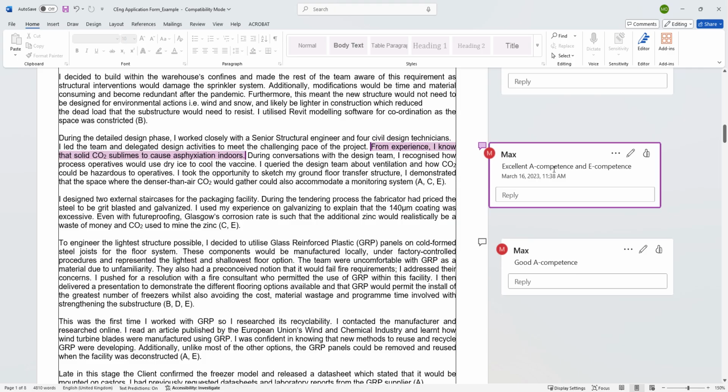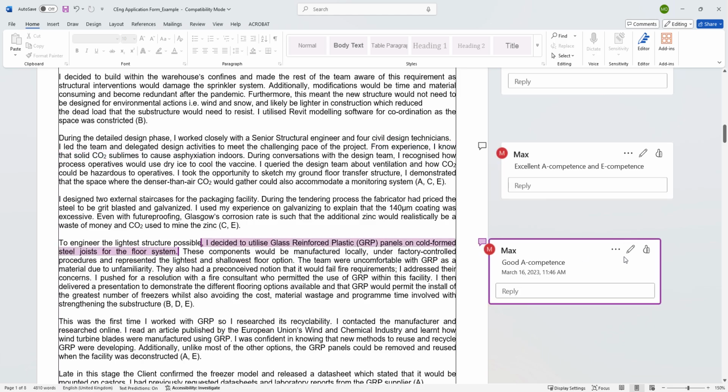So here, what we are saying is this is an excellent example of competence A and also competence E. The candidate is saying that from experience, I know that solid CO2 sublimes to cause asphyxiation indoors. So this is under health and safety, and also competence A, showing that the candidate is using knowledge and experience.